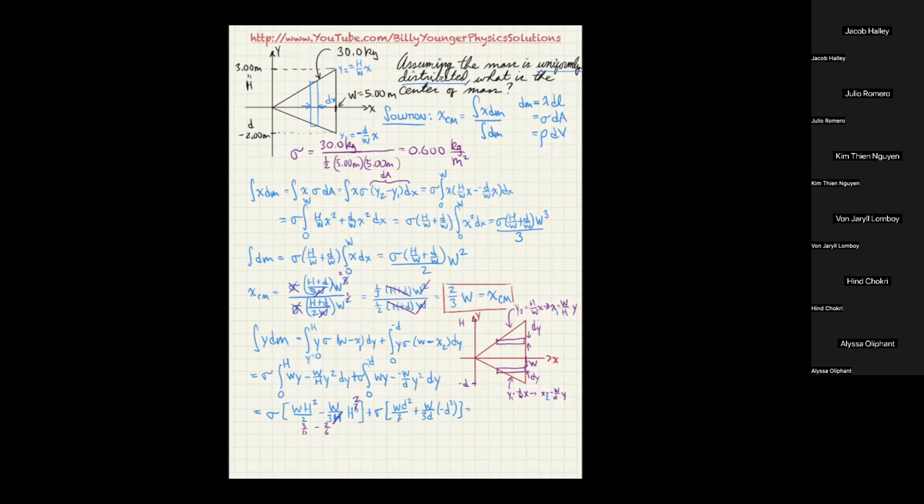So I'm going to get 3/6 minus 2/6 again, and this time it'll be wd squared, because as I can see here, this 3 is going to cancel out, leaving a 2, and that d is going to disappear, and now they match. So ultimately, I am going to say that my answer is sigma times wh squared over 6.